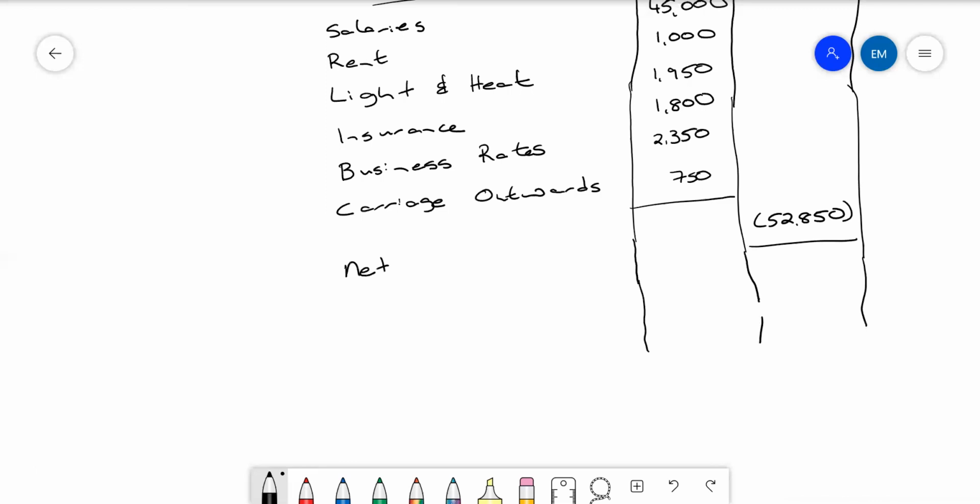So net profit is your gross profit less your expenses.